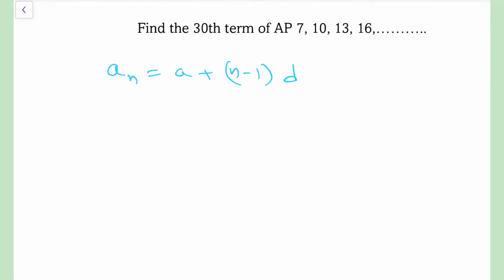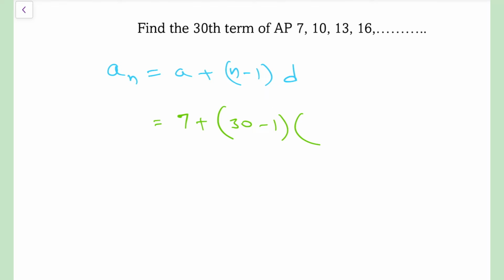While solving, you will get to know what all these alphabets are. a is nothing but the first term, as we did in the previous questions. First term is 7, so in the place of a, substitute 7, plus n, which is the term they are asking to find, that is the 30th term, so 30 minus 1, into d, the common difference.